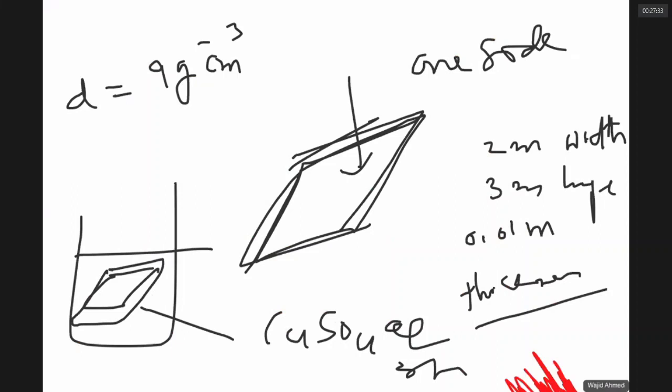I repeat, I have a plank that measures 2 meters width, 3 meters long, 0.01 meter thickness. I want to coat copper by passing current through copper sulfate solution. If the density of copper is 9 gram per centimeter cube, how many Faradays of charge or how many coulombs of charge is needed?